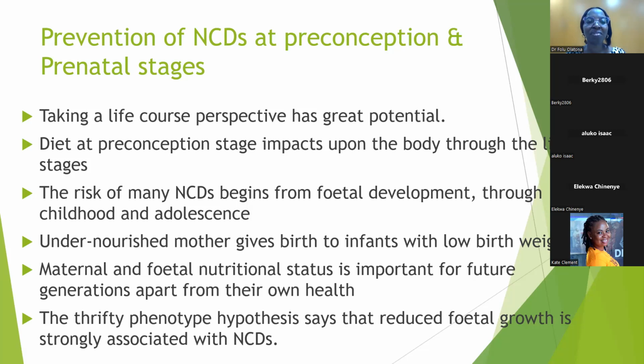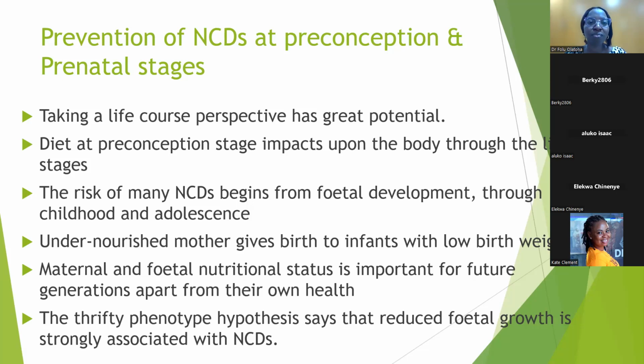because diet, even at the preconception stage, impacts upon the body throughout the life stages. That's why if a lady is undernourished, even before she gets pregnant, the inadequate nutrition in the body of that lady will affect the fetus when she eventually gets pregnant.